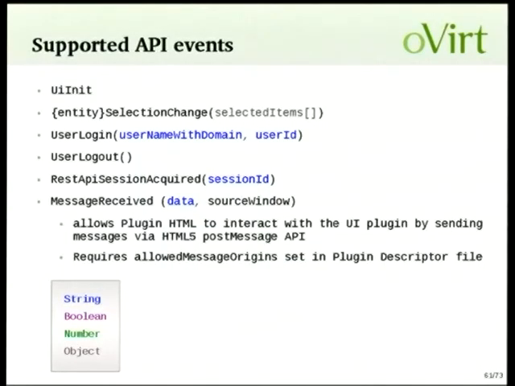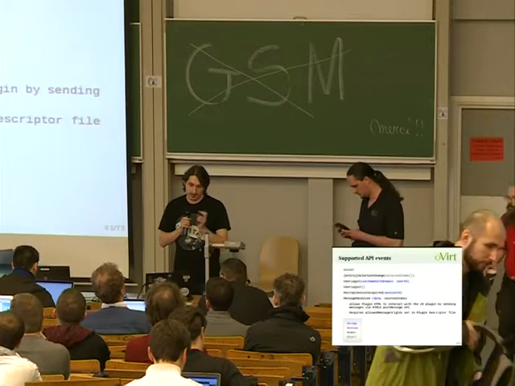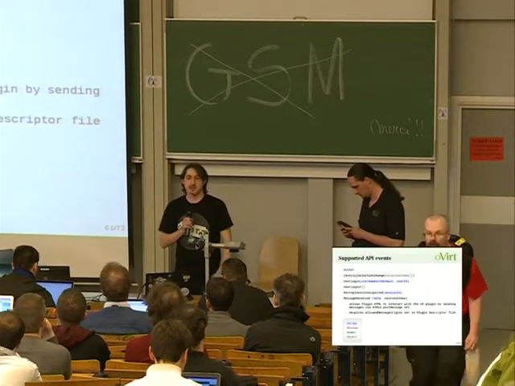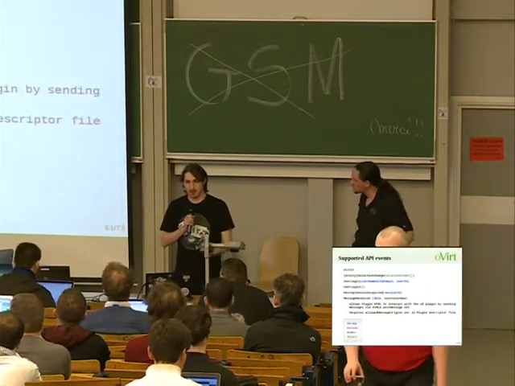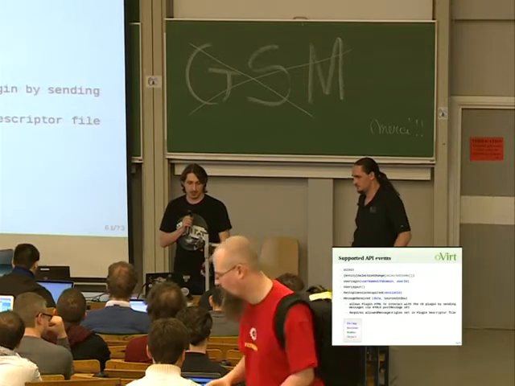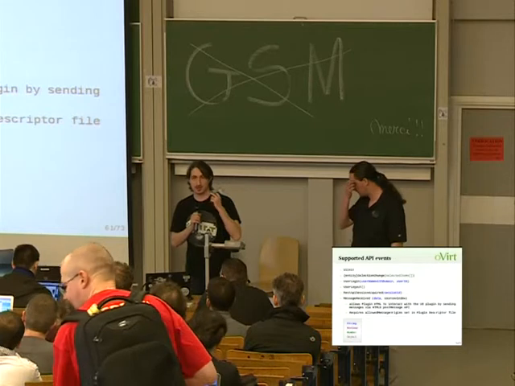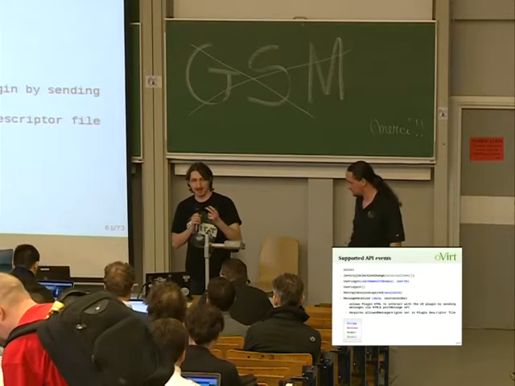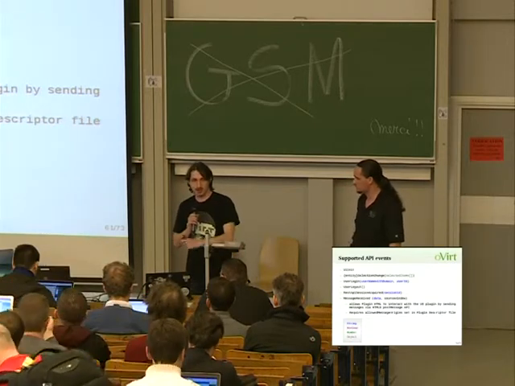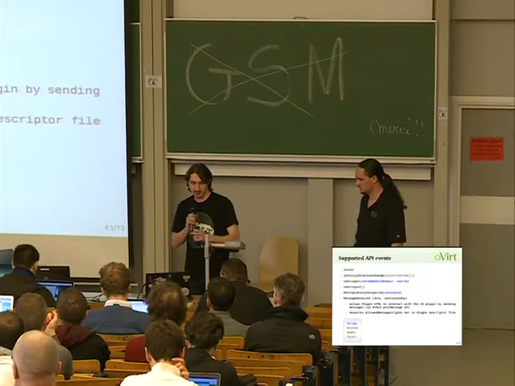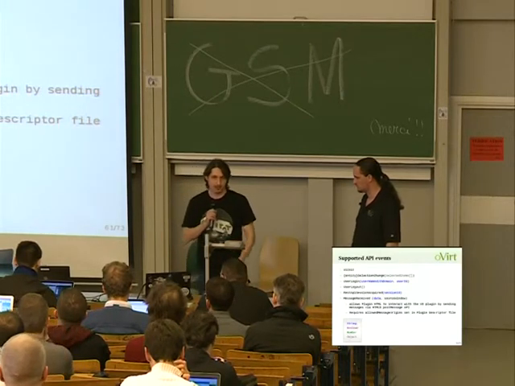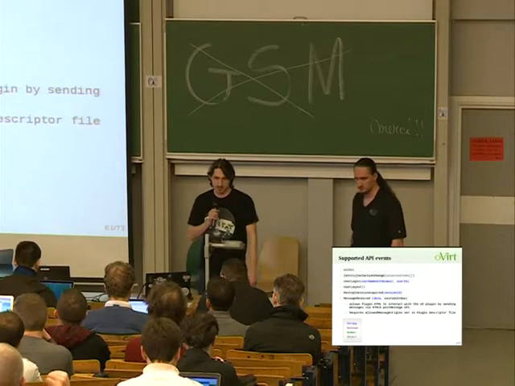What are important events? The UI init for initializing it, and the selection change events. For example, you have a plugin or a UI subtab for virtual machines, and if a user selects another virtual machine, you obviously have to change the code or the behavior of your subtab or what you're displaying in it.